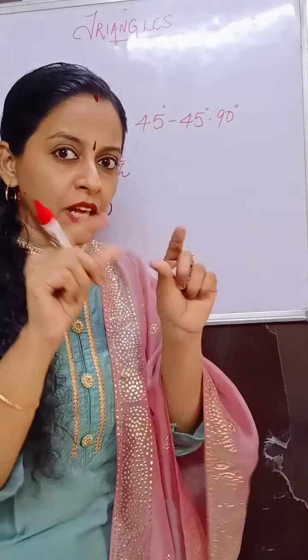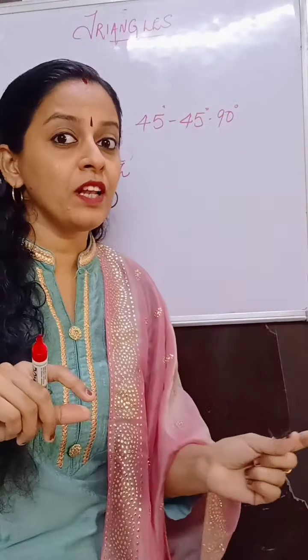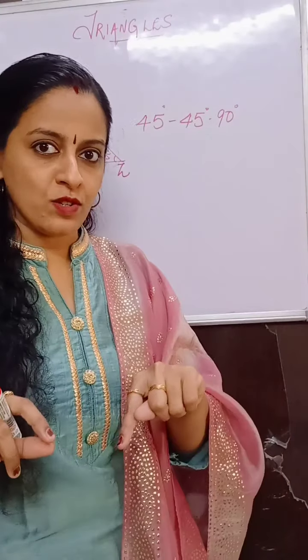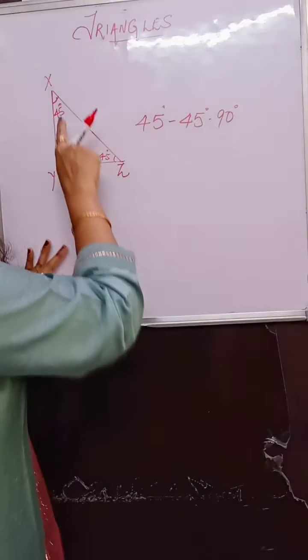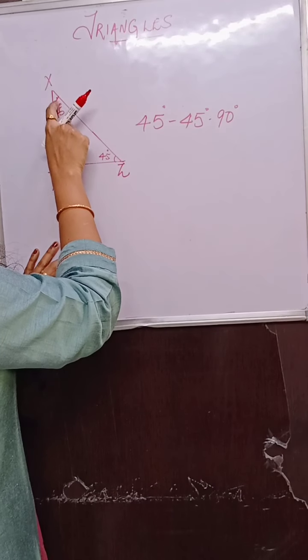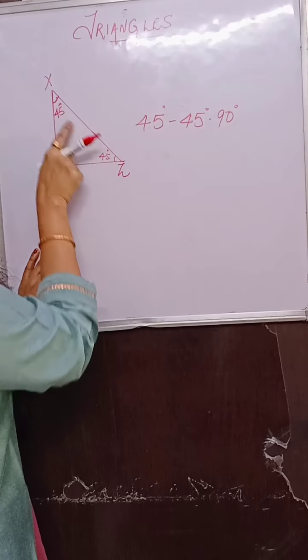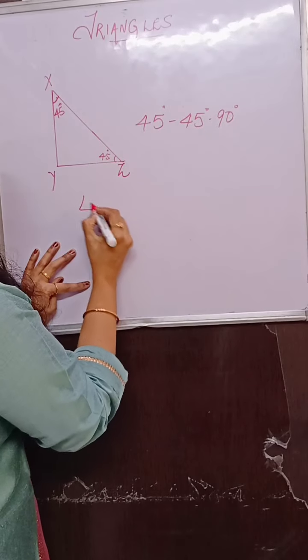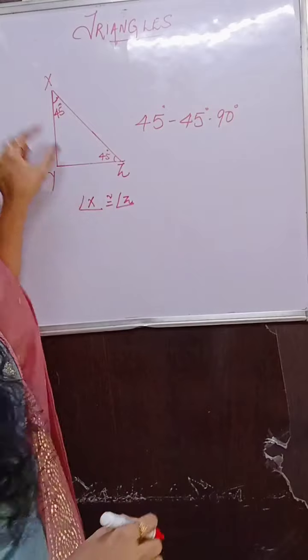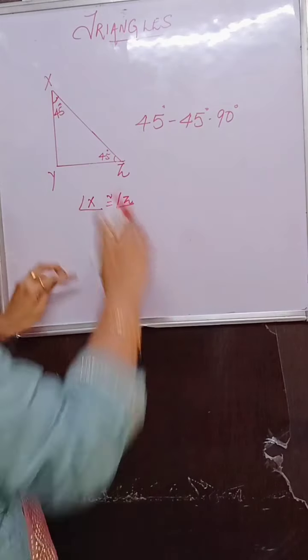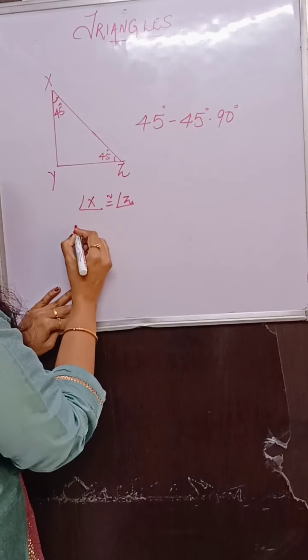So if two angles are congruent, you will use the converse of the isosceles triangle theorem. Angles given means converse. Angle X is congruent to angle Z. So which side is opposite to X? X's opposite side is YZ.